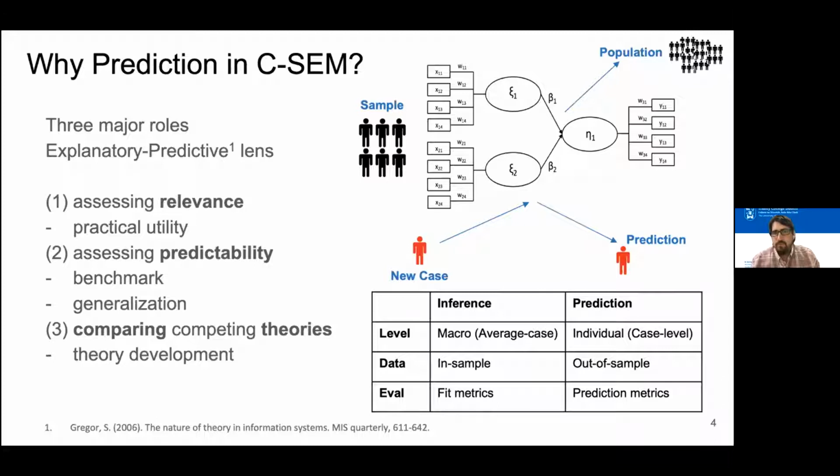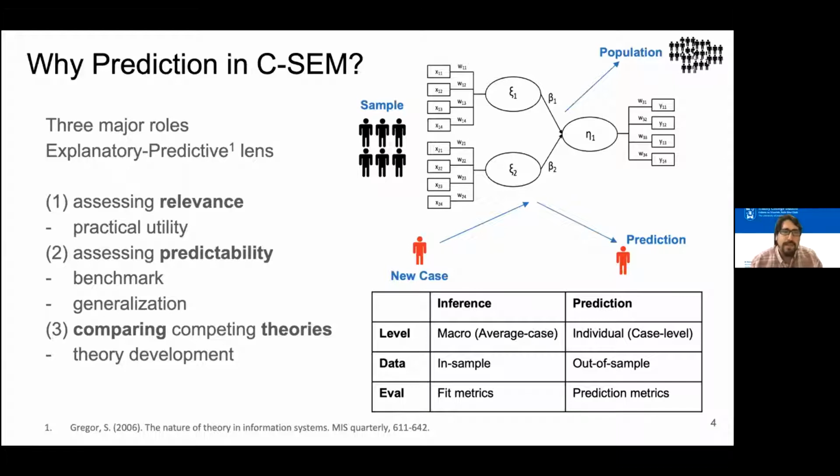Inferential methods typically take a sample of data and test a statistical model in order to draw inferences about a population. That would be explanatory modeling. What we seek to add is predictive modeling, where we take a model as estimated, just as I described, and then we apply it to new cases that it hasn't seen, and we generate predictions from those cases to evaluate the accuracy of our model on unseen data.